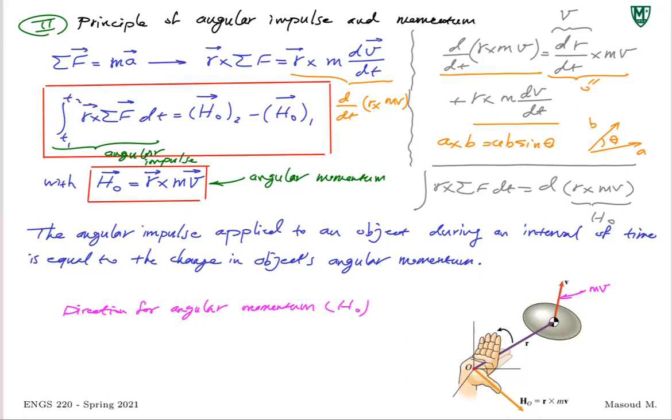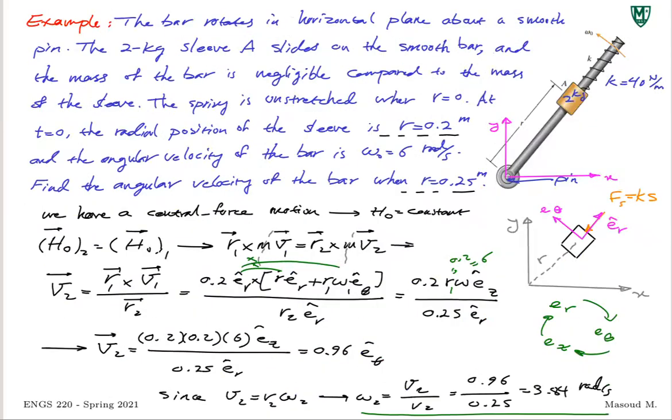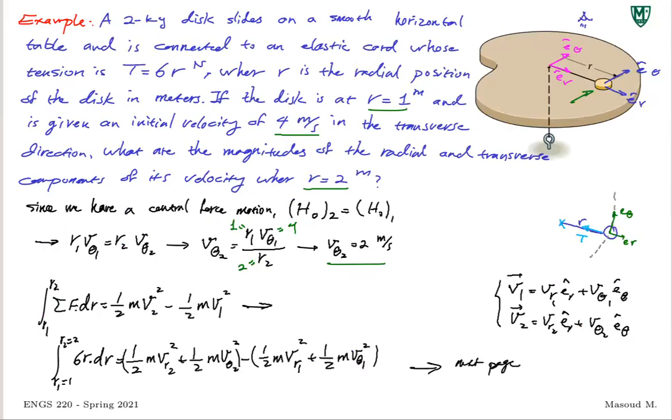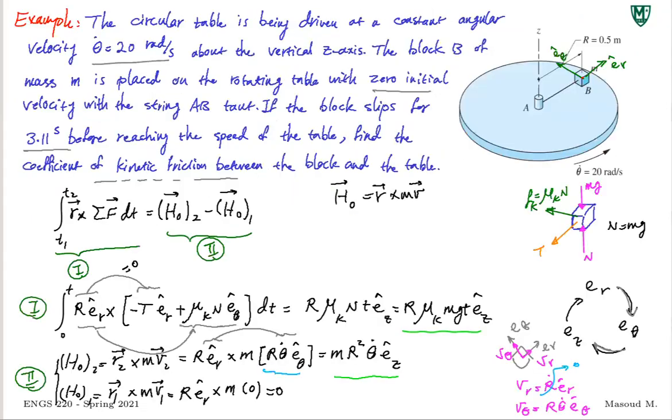And we were looking at the relationship between force, time, position, and velocity. So that's how we ended up using the principle of angular impulse and momentum. Right. Just one thing that you really have to be careful about, as I said before, is these cross products. Make sure that you do it correctly, write everything in vector form. As I said, when we talk about momentum methods, directions matter.